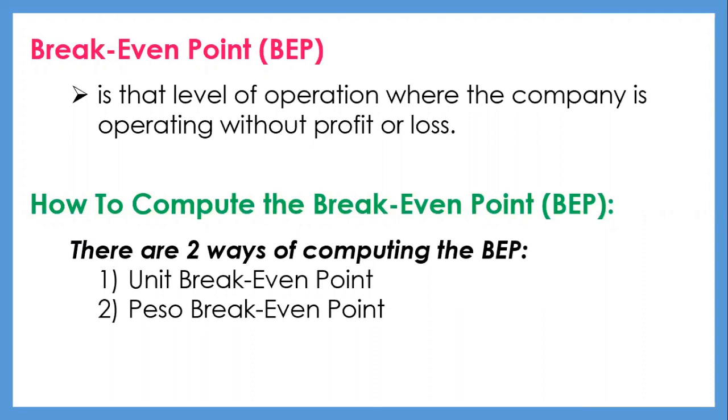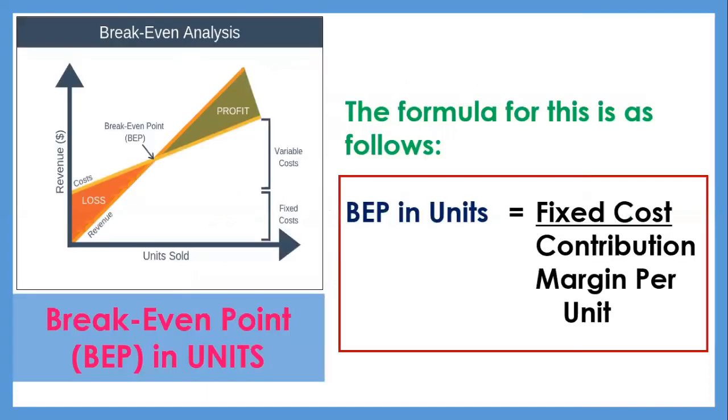Now, there are two ways of computing the break-even point. First, we have the units break-even point, and second, we have the peso break-even point. And so for that matter, in order for us to better understand these two ways, let me discuss first the first way in computing the break-even point, which is the break-even point in units.